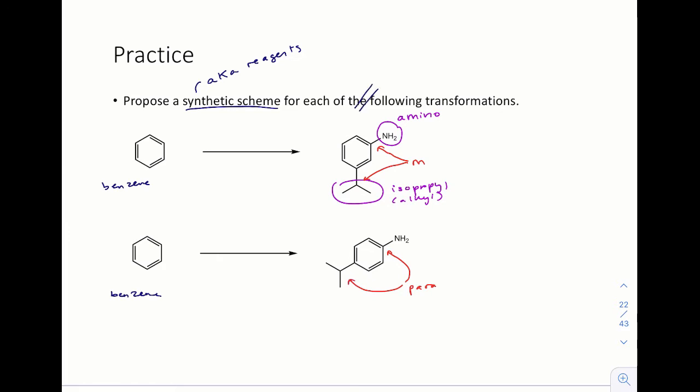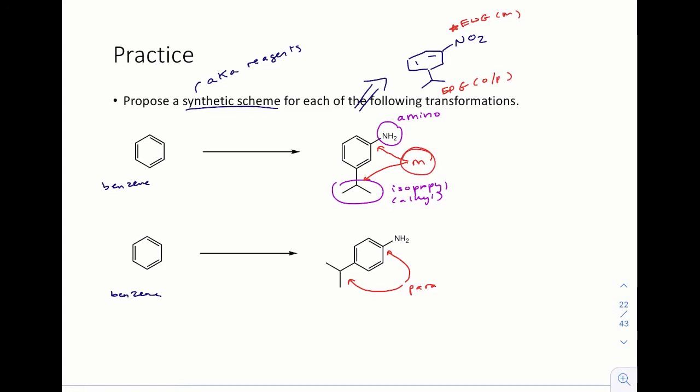It is worth recalling that amino groups, aryl amines, come from nitro groups. Nitro is an electron withdrawing group and directs to the meta position. Isopropyl, an alkyl, is an electron donating group and directs to the ortho and para positions.